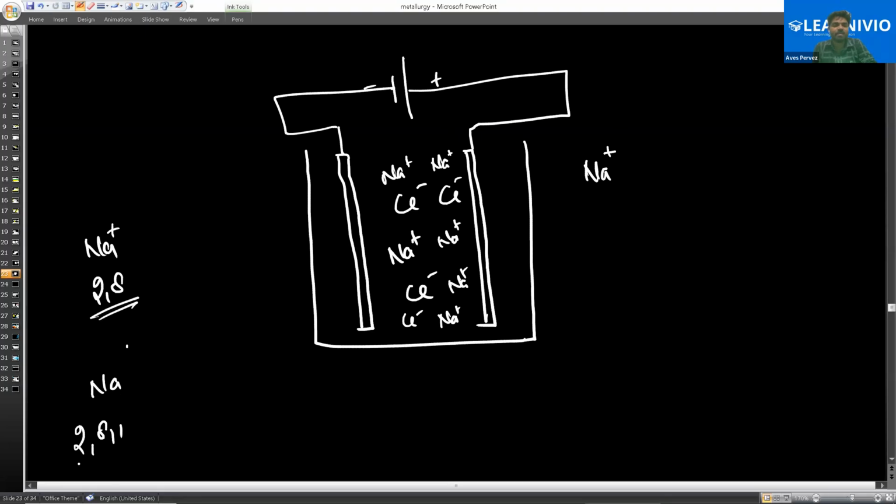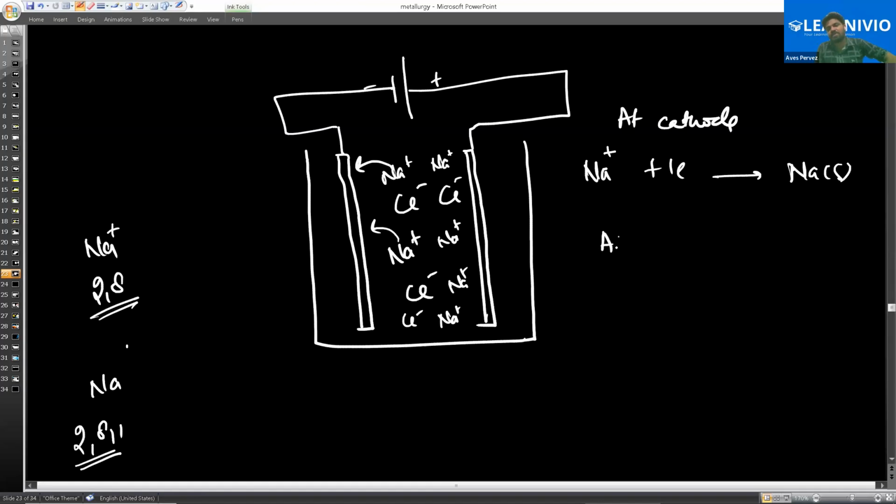Now it has 10. It needs 11 electrons to become Na solid. So we need to add one electron to it so that it will become Na solid. So this Na positive will go to the negatively charged rod, where it will receive one electron and get converted into solid. This is going to happen at the cathode.